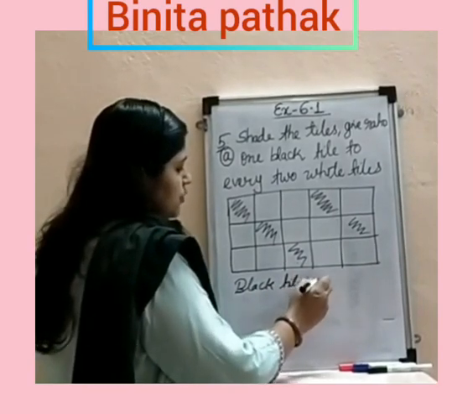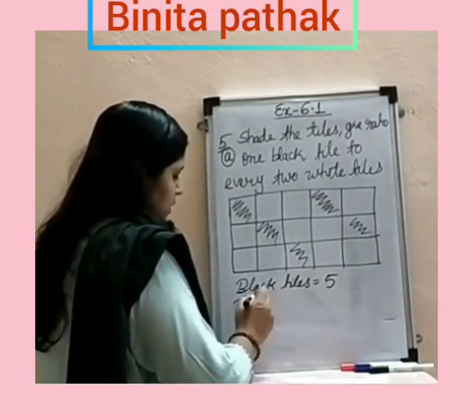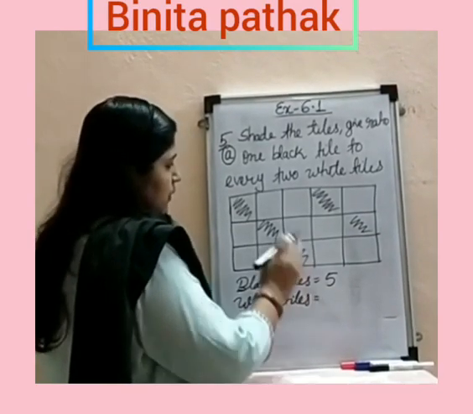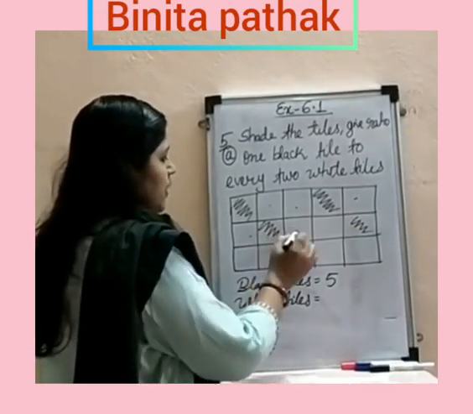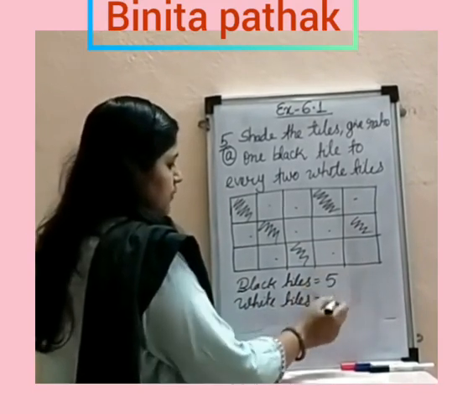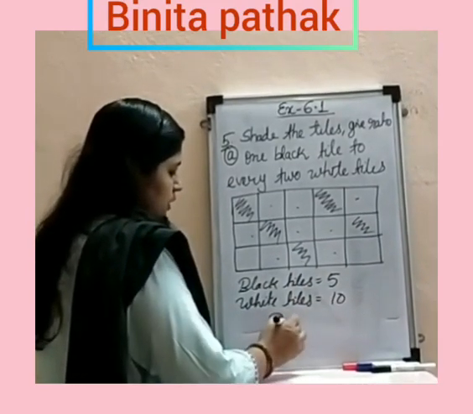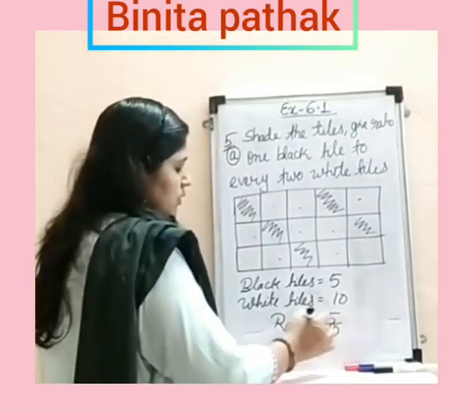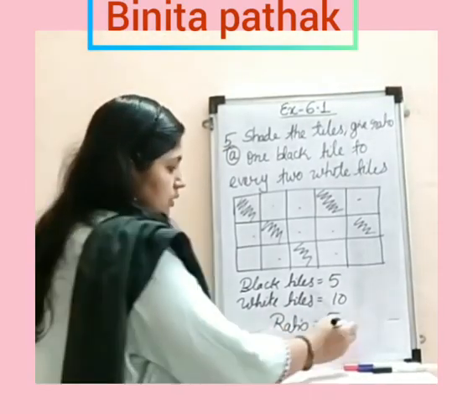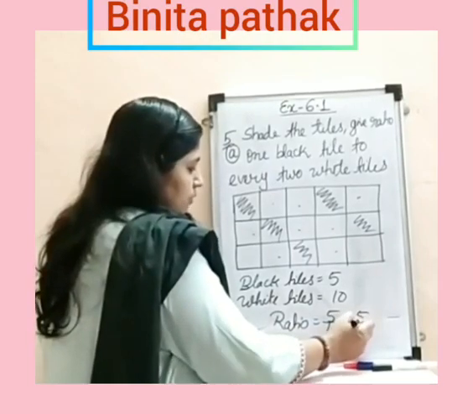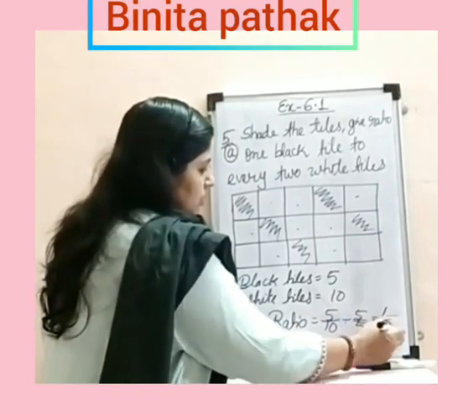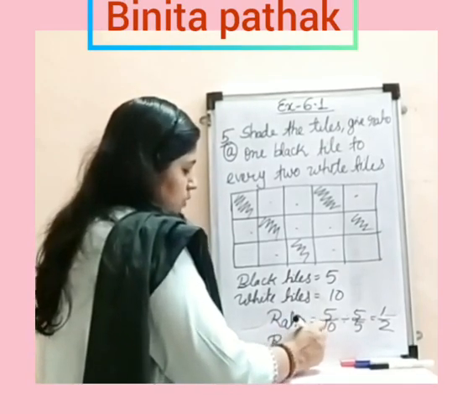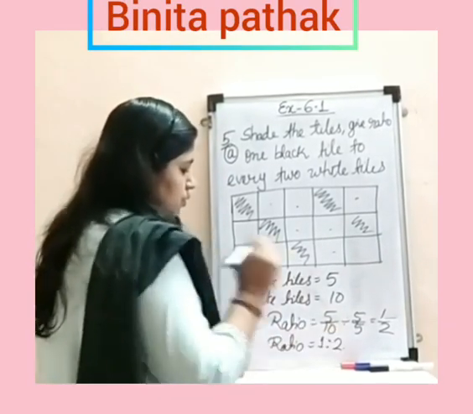Black tiles equals 5 and white tiles equals 1, 2, 3, 4, 5, 6, 7, 8, 9, 10. So what will be the ratio? It is 5 upon 10. Can we cancel the number? It is divided by 5. So 1 upon 2. The ratio equals 1 is to 2.